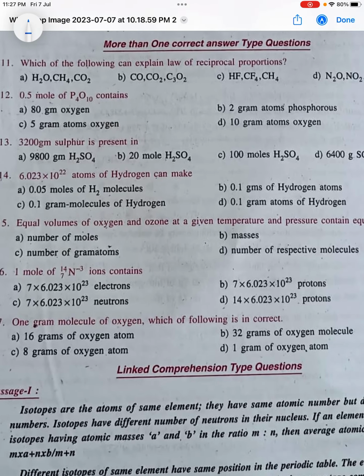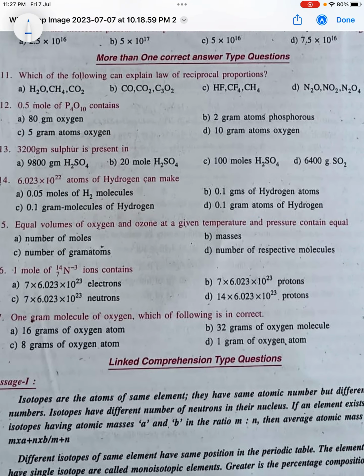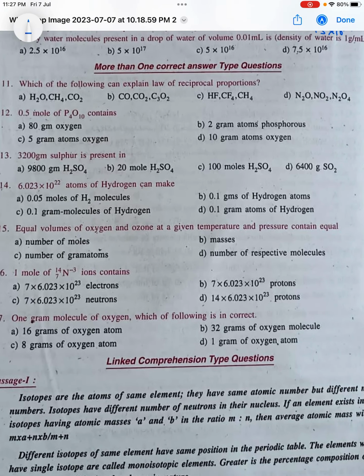Next, which of the following can explain the law of reciprocal proportion? In the law of reciprocal proportion, two elements combine to give a compound, and the two elements separately combine with a third element in a simple ratio, as we discussed. So which of the following is giving reciprocal? We have to identify.